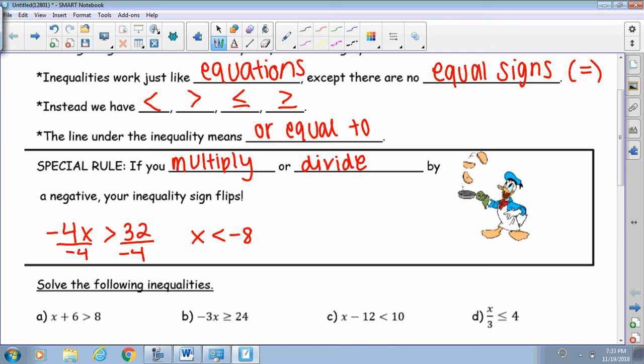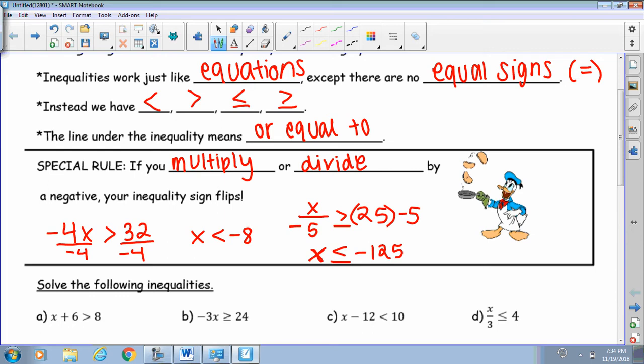And if my inequality is x over negative 5 is greater than or equal to 25, I know that I have to multiply by negative 5. So I get x is less than or equal to negative 125.